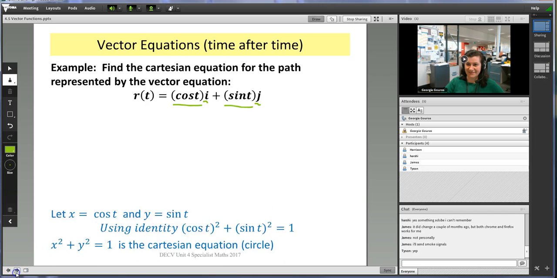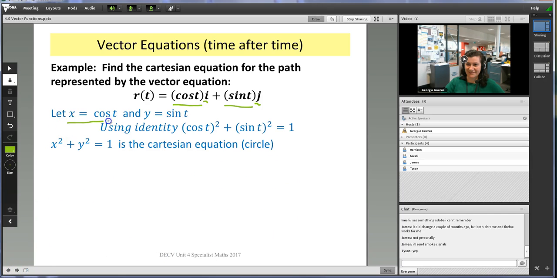So again, we've got x is equal to the i component, y is equal to the j component, and then these two can be related together using the Pythagorean identity, and you can see if you do that, you end up with a circle, which is kind of wonderful.